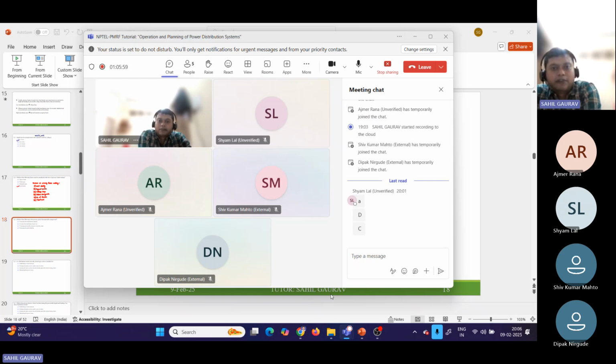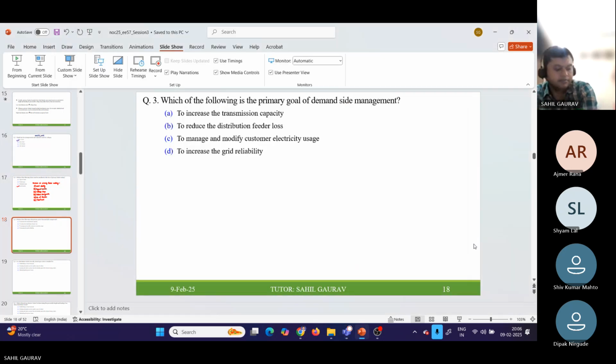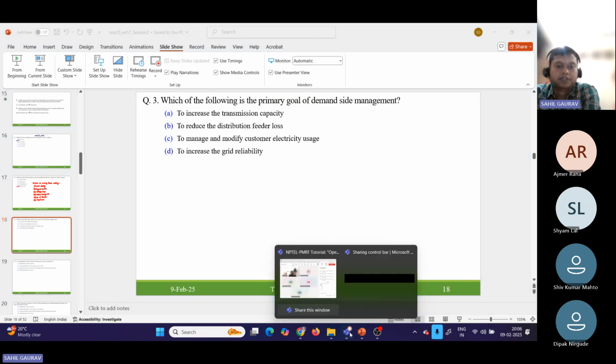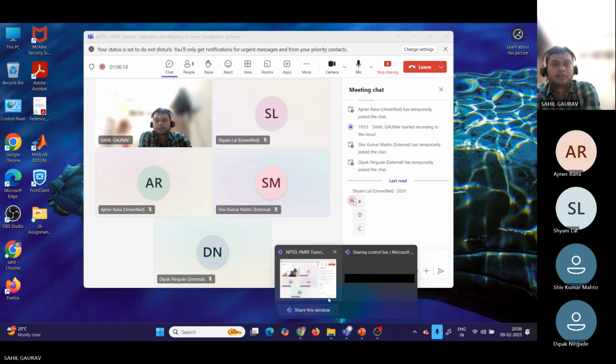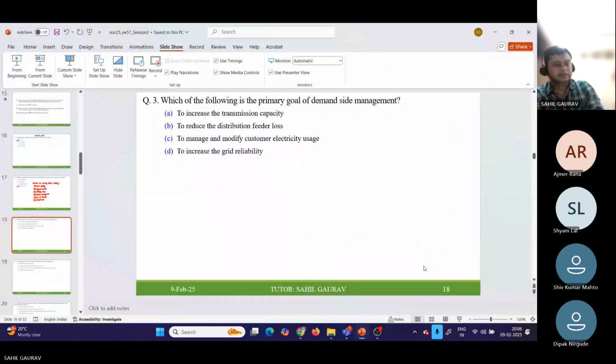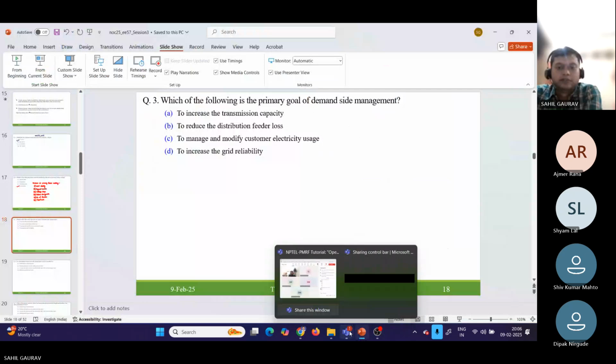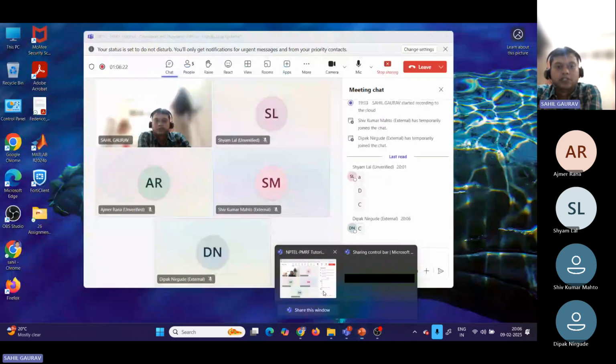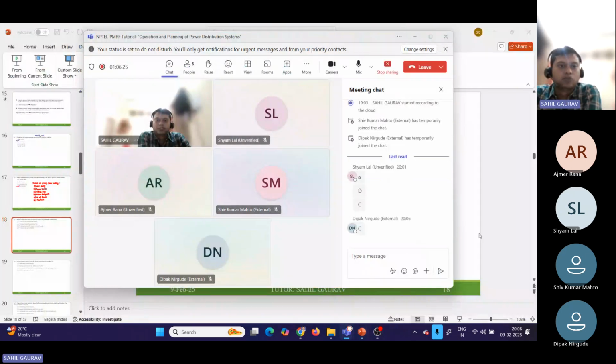I think today's assignment is one of the easiest assignments that we are solving. Syam is saying option C. Deepak also saying option C. Yes, both of you are correct.